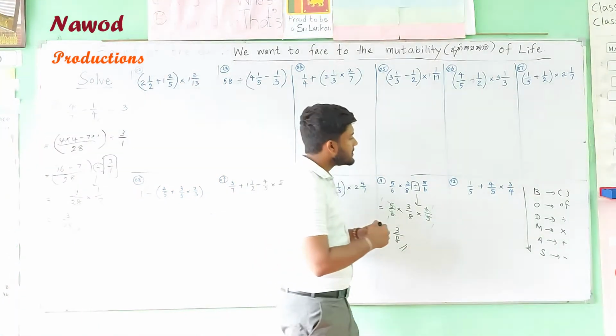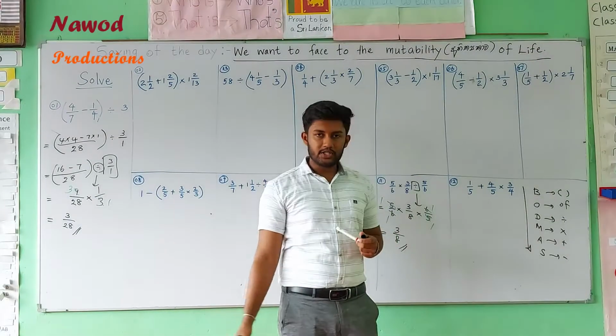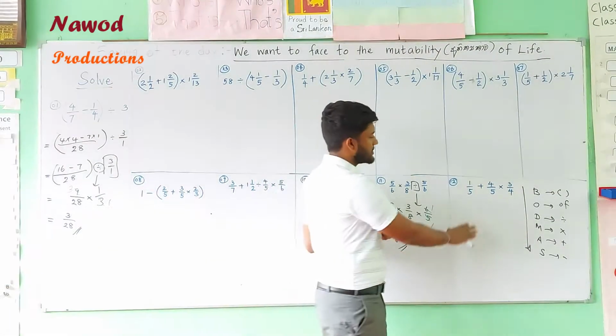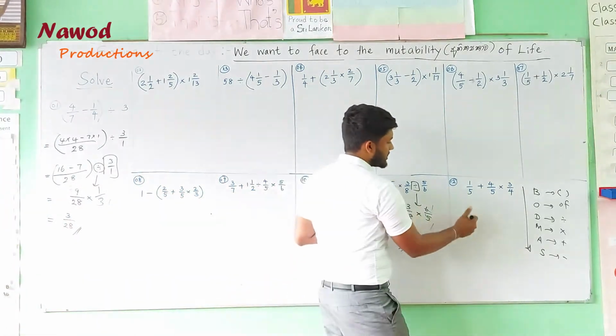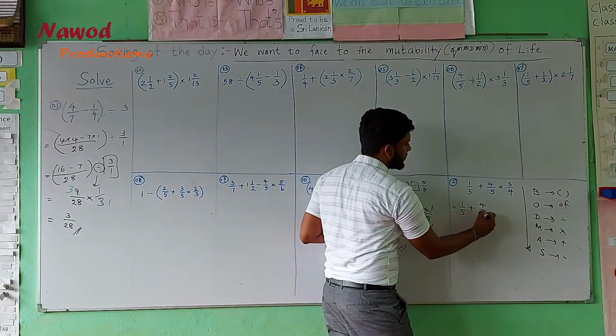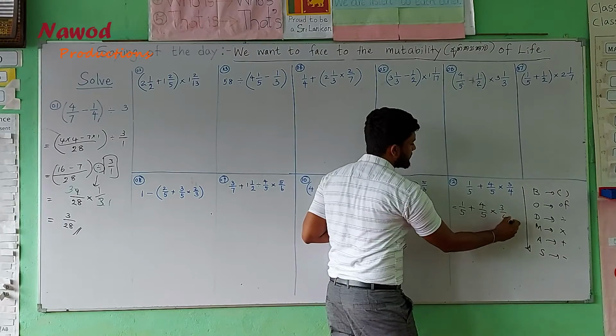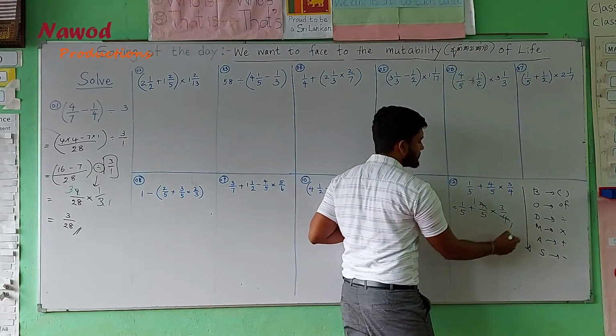Here you have a multiplication and an addition. Here you can solve the multiplication first, after that you can solve the addition part. Equal 1 over 5 plus 4 over 5 into 3 over 4. Here you can see clearly you can cut 4 into 1, 4 into 1.